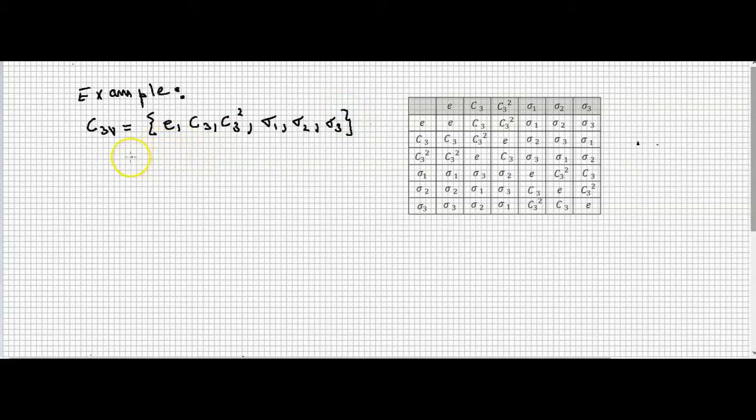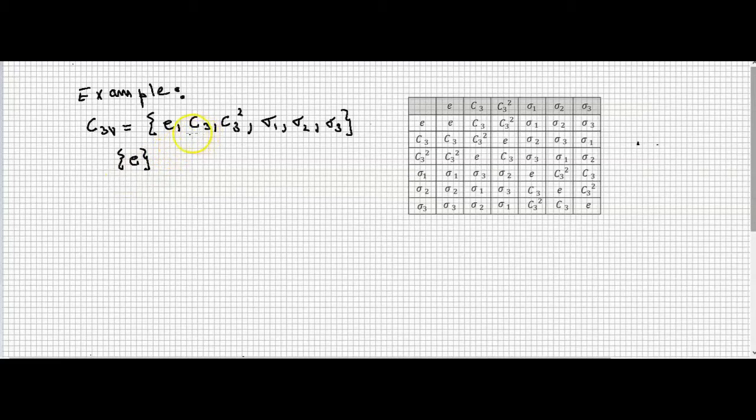If I want to construct the classes for this group, the first class would be the neutral element. E forms a class by itself.